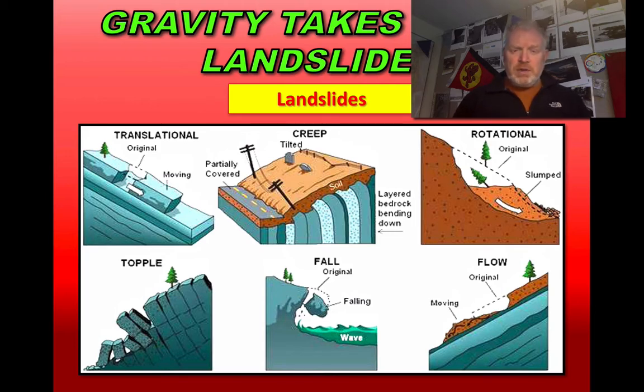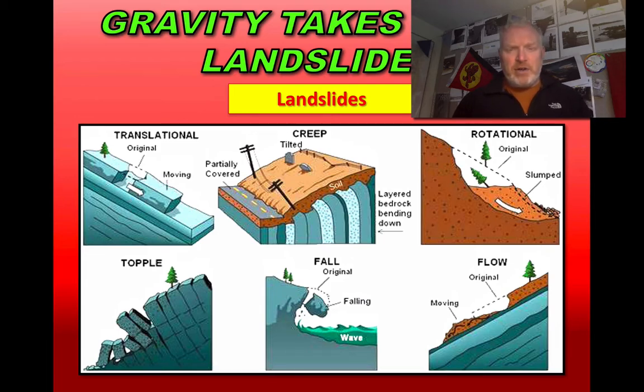A rock fall in the bottom centre is very common on the coast, where we have a rock face that gets undercut. So erosion happens at the bottom of the rock face. Eventually the top of the rock face then isn't supported by rock underneath it anymore, and it falls off. The final type, a flow, is where we have weak rock material that gets lubricated by water.